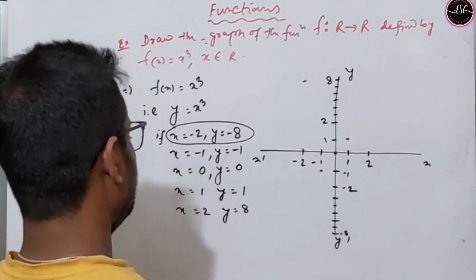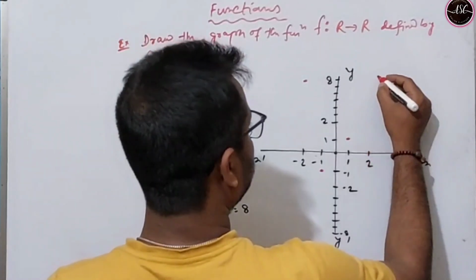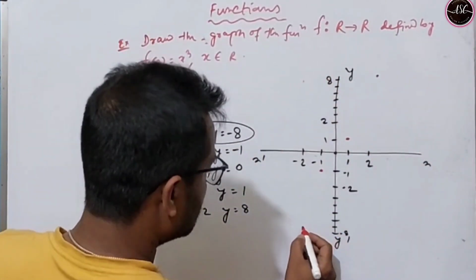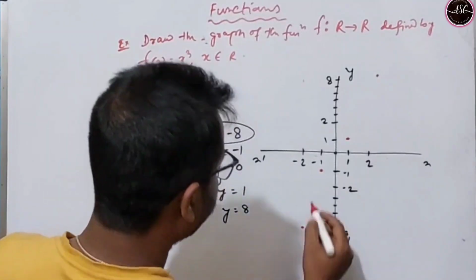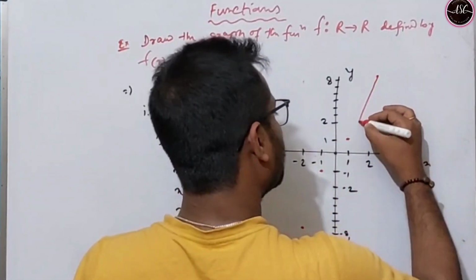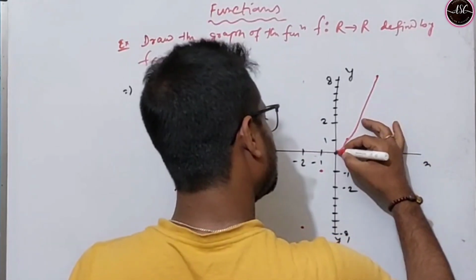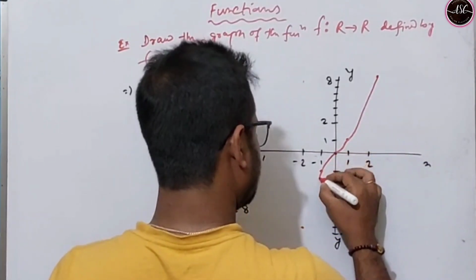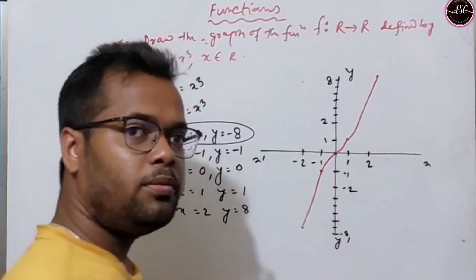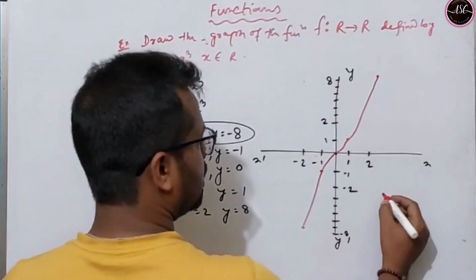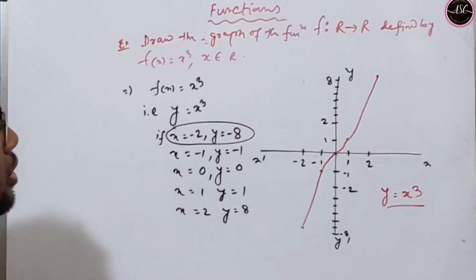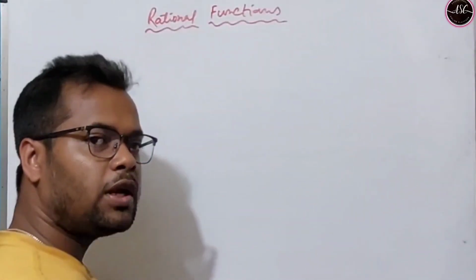Then 2, 8 is that; sorry, minus 8 should be here. If we join these points, we get this type of graph. This is the graph of y = x cube. This is also a polynomial function. This should be remembered.